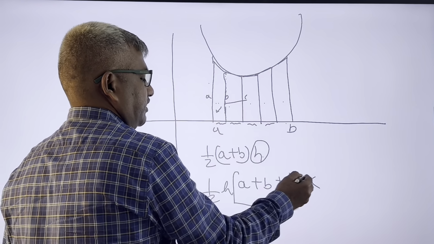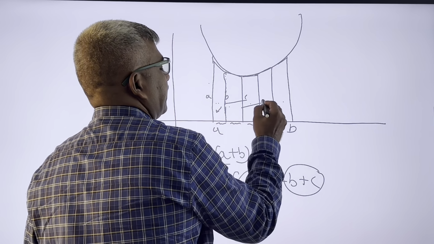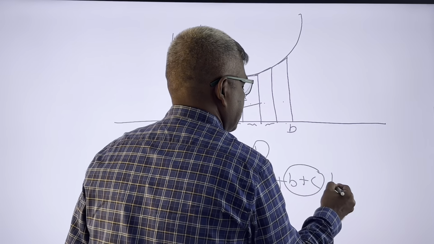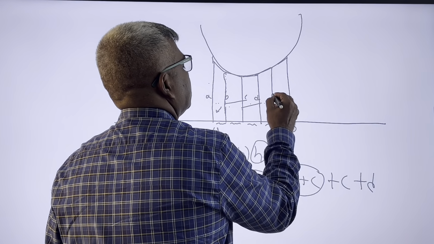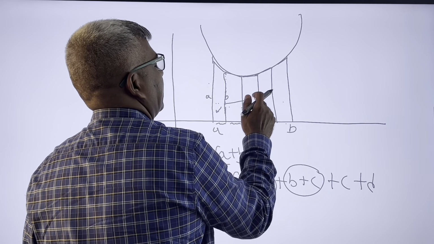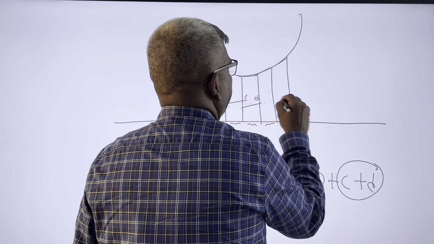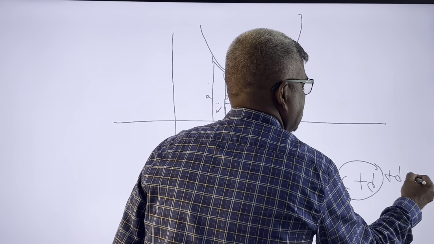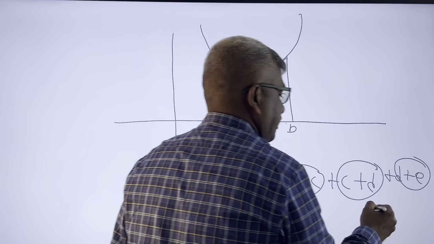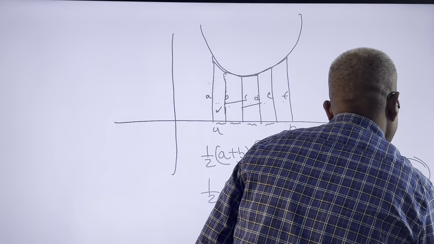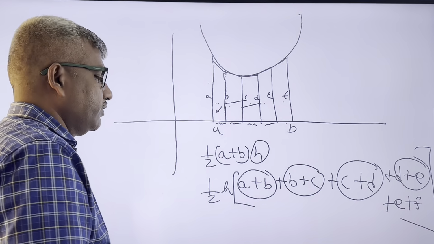This is the first trapezium, this is the second trapezium, this is the third trapezium, C plus D. Fourth trapezium, D plus E. Fifth trapezium, E plus F. Note it down.